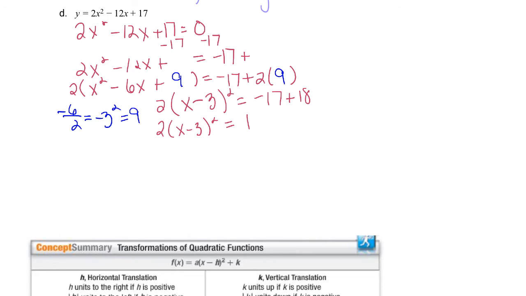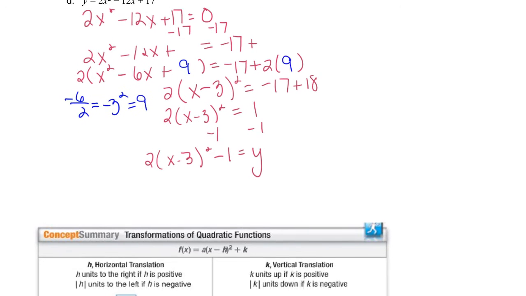Now I need to make it equal to y. So I subtract 1, and I get 2 times x minus 3 squared minus 1 equals y. Ta-da! You totally wrote it in vertex form.